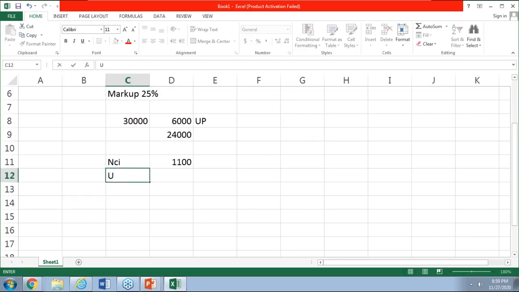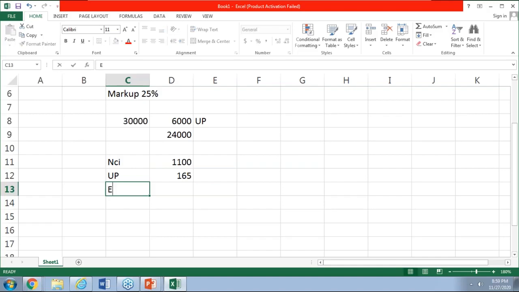Unrealized profit will be adjusted in here because the subsidiary is selling goods to the parent company, and it's already mentioned that the unrealized profit is 550. So 30% of the profit will be allocated to NCI.